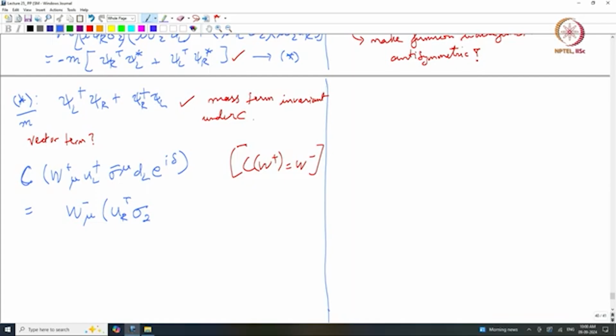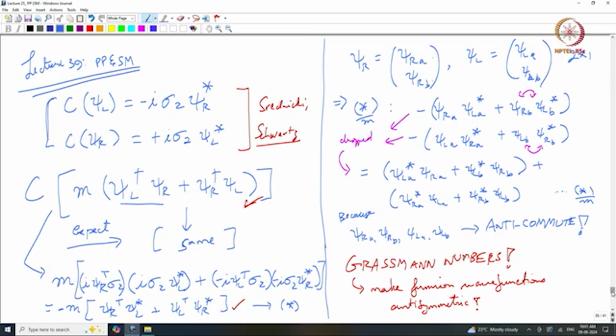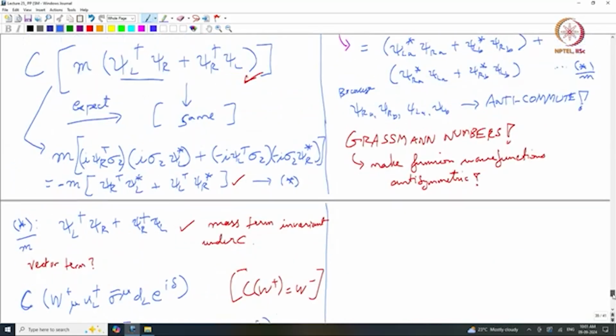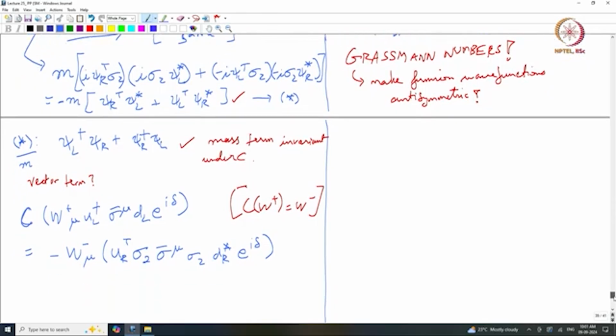Okay, I have a sigma 2. All I'm doing is apply those transformations, the C transformations. Okay, so sigma bar mu, then I have another sigma 2, then I have DR star, and e power I delta just goes for a ride. Okay, then I'll put a minus. Why? Because I would have had two i's, right, just like before, just like in the mass term, and those i's multiply and give me a minus sign. That's all it means. Okay.